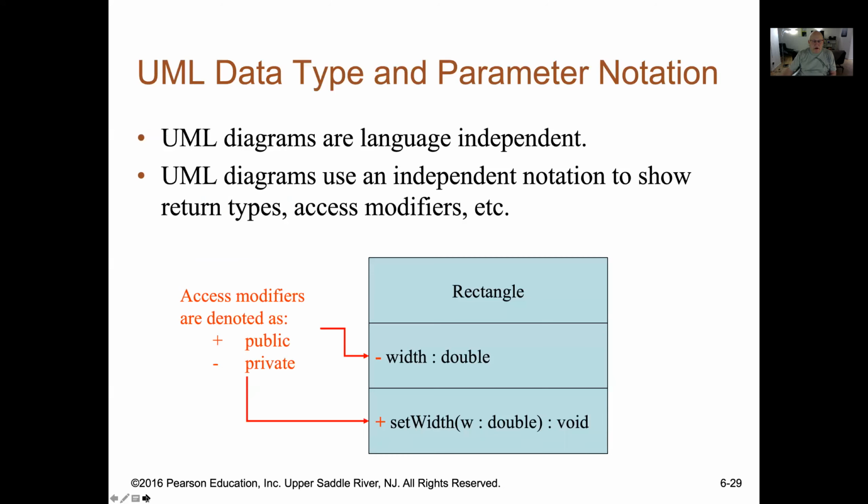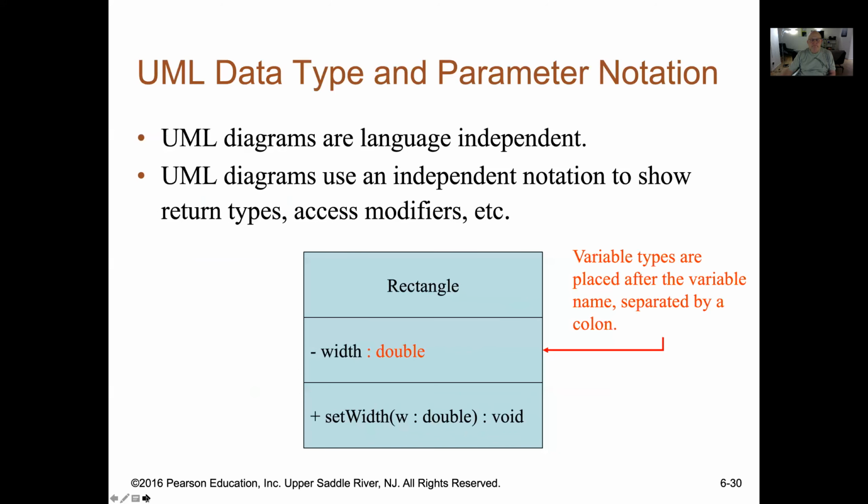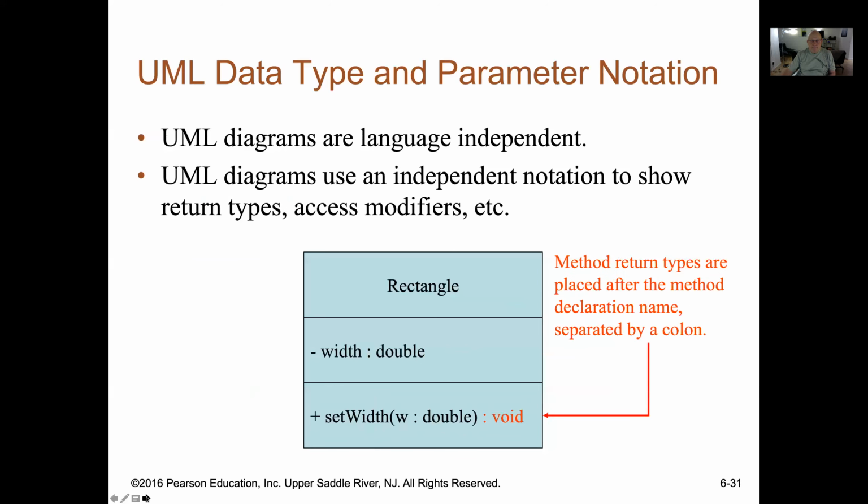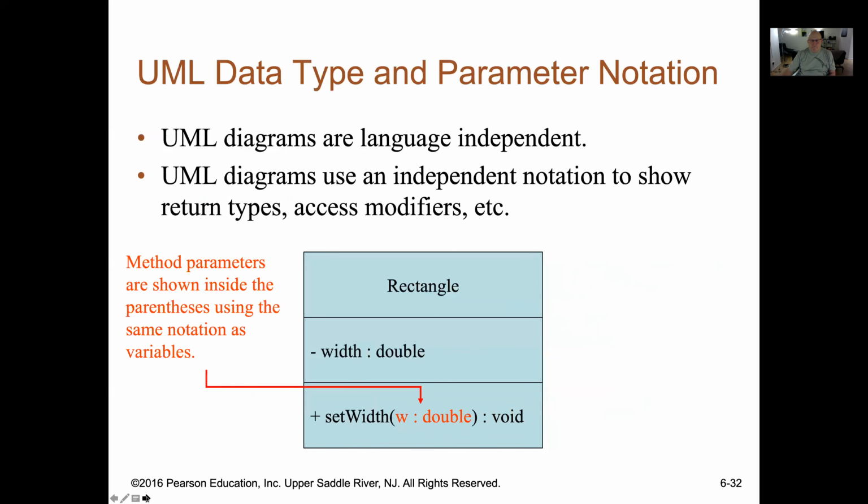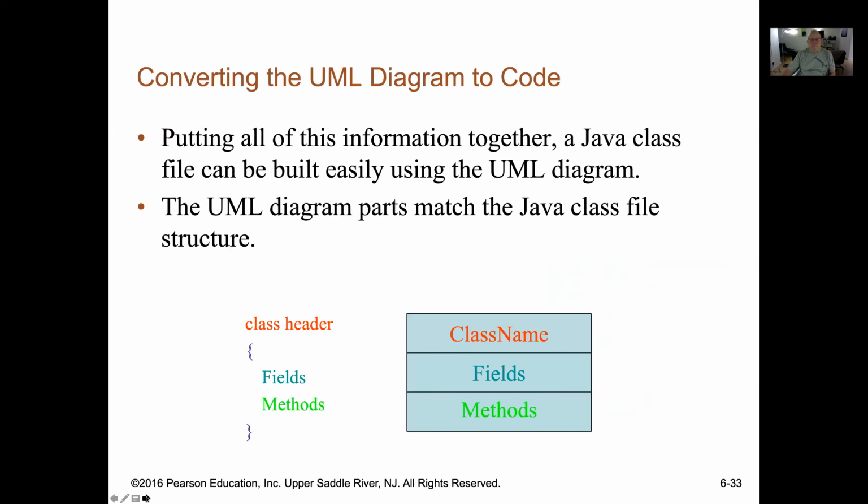So UML diagrams are language independent. UML diagrams use an independent notation to show return types, access modifiers, and so on. So this is putting all the information together.